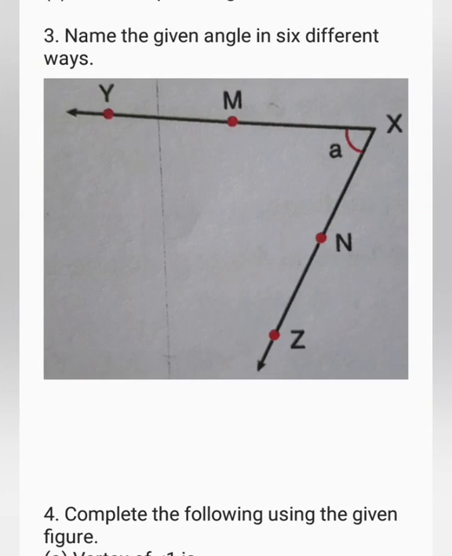Now the next question. Name the given angle in 6 different ways.